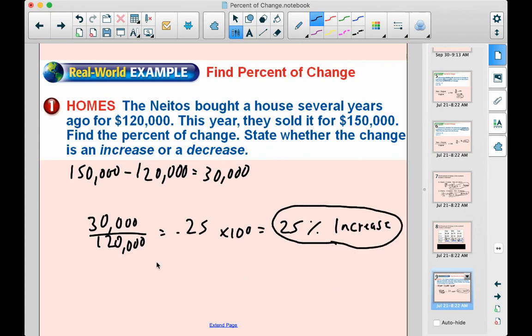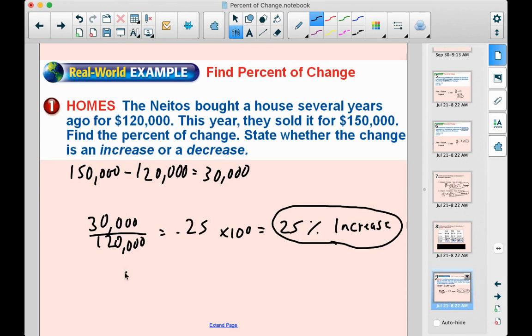Okay. Now, if you're comfortable using the formula, that's great. Remember, this comes right out of the percent proportion. If you wanted to find the percent any of the other ways we've chosen, it would still certainly work. If you think about the proportion, we want to know the percent change as a percent of the original amount.